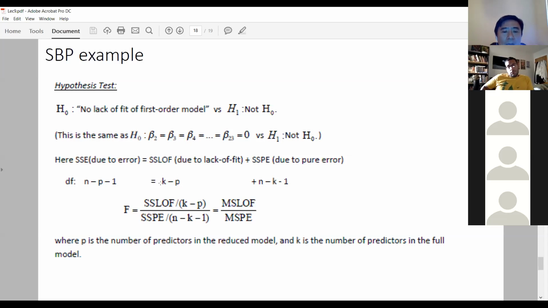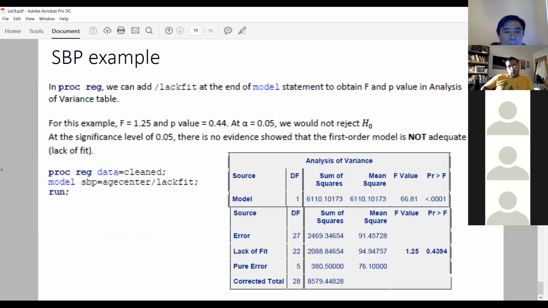So the highest order you can go is k. So k is determined by the total sample size n, and also the number of predictors p in the reduced model.